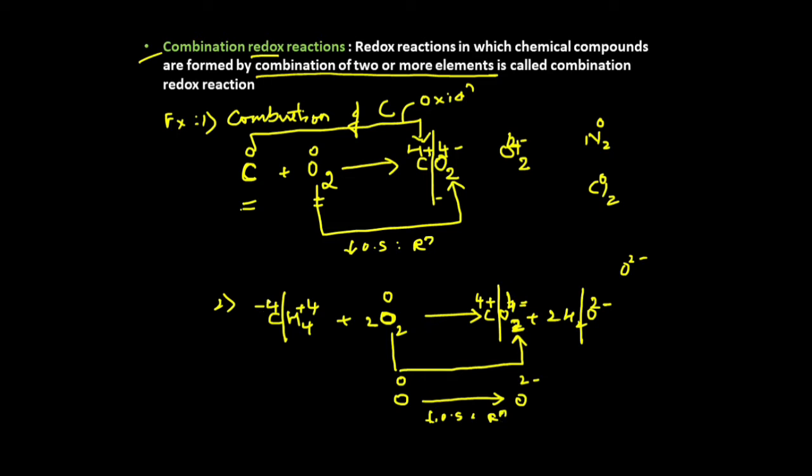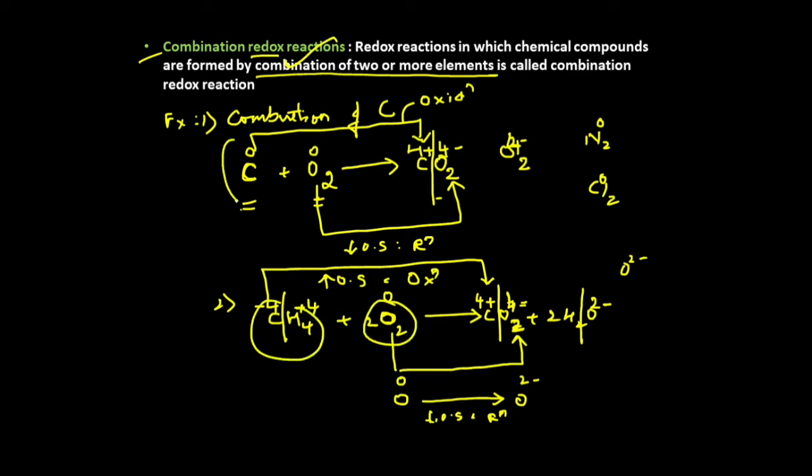In this case the carbon oxidation state changes from -4 to +4, that is, it is increasing, therefore this is oxidation. So in a single reaction both oxidation and reduction are taking place, so this is a redox reaction, and two reacting species are combining to give a new combined product. That's why this is a combination redox reaction.